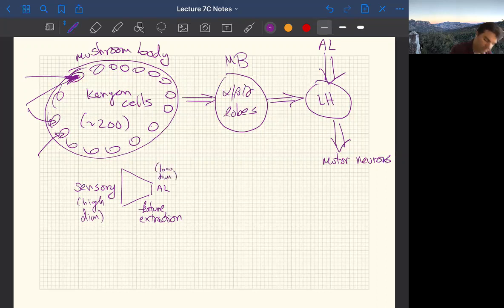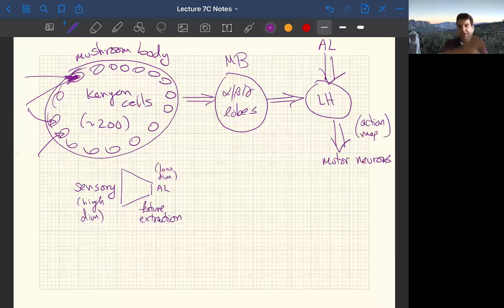And then you go back out before you actually start doing the action maps. Before you start mapping sensory input to actions on the output, you have a huge expansion in representation.